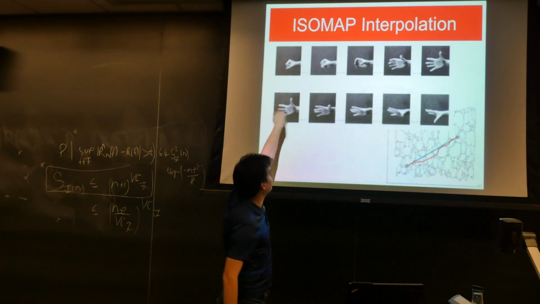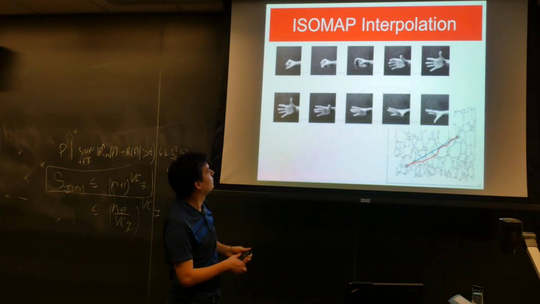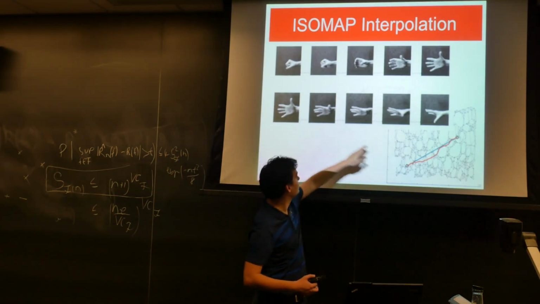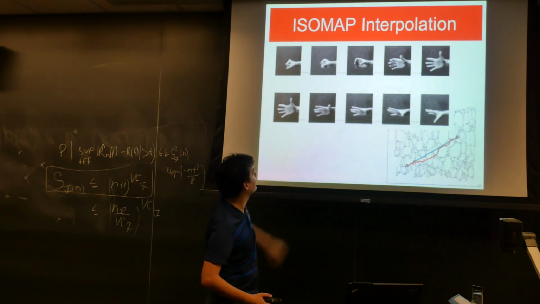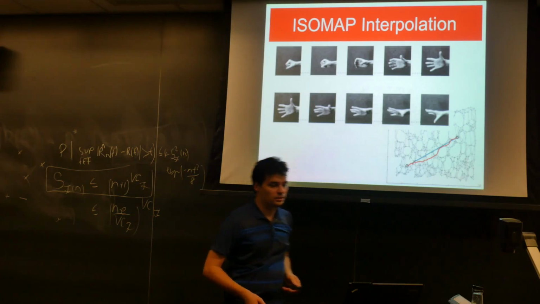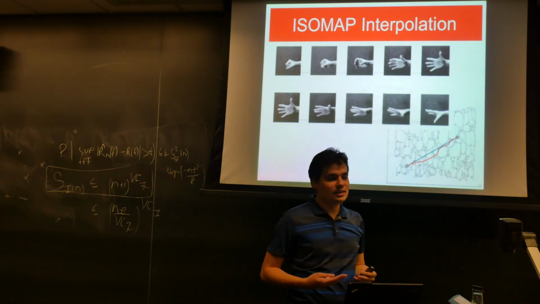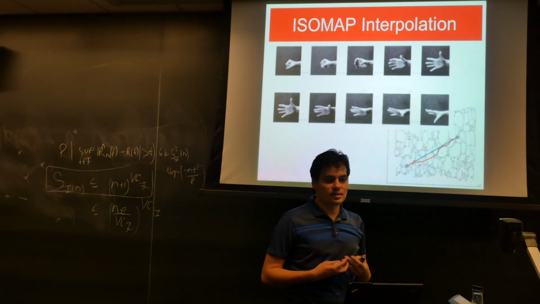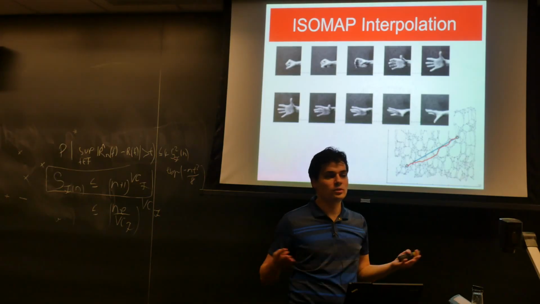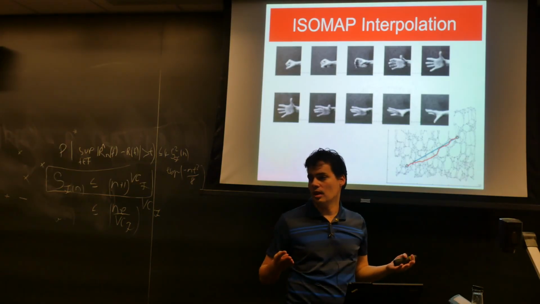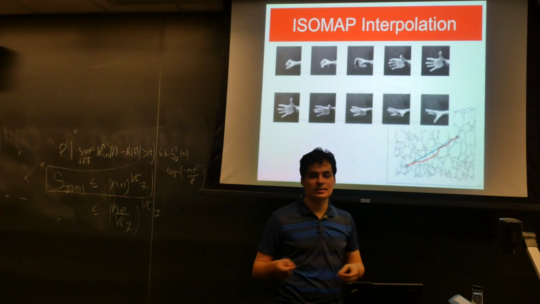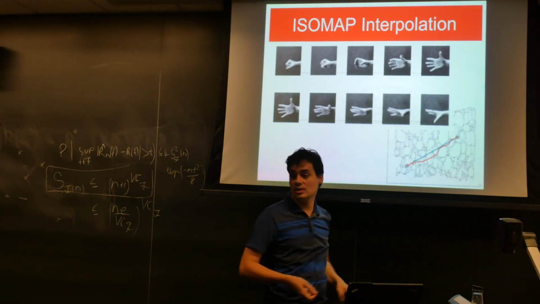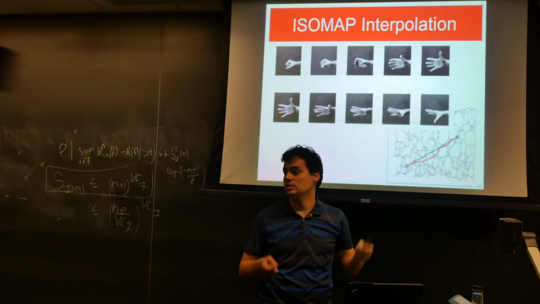These are some results of Isomap interpolation on images of a hand opening and closing. The nice thing is that if you just use standard Euclidean distances between images, that wouldn't work at all, because the Euclidean distances between these raw images are just big, no matter what images you choose.